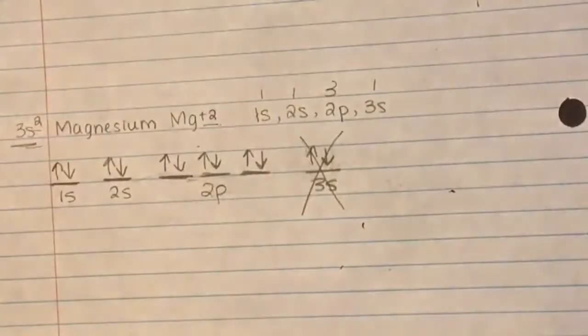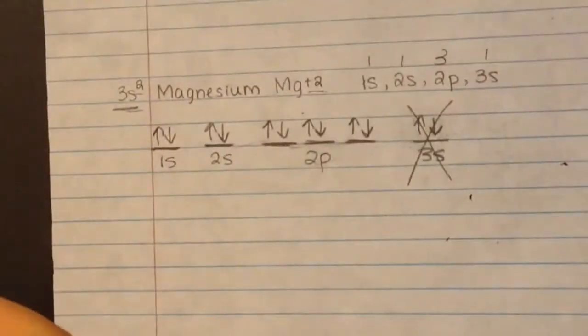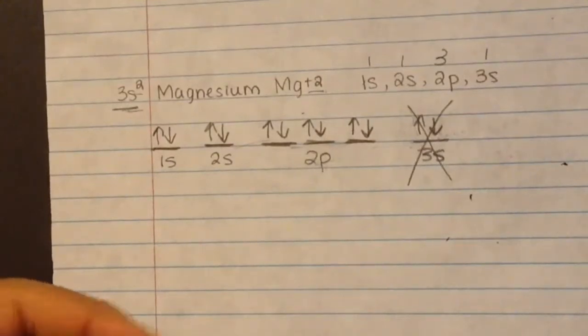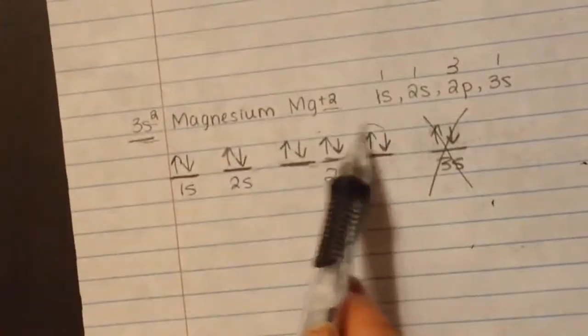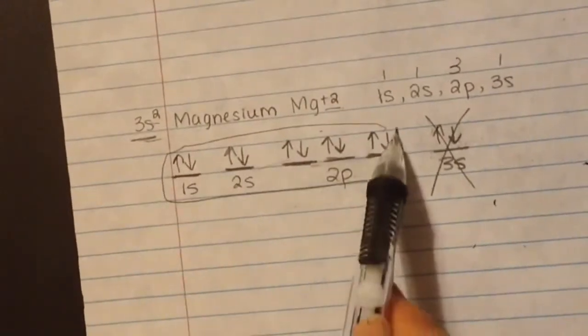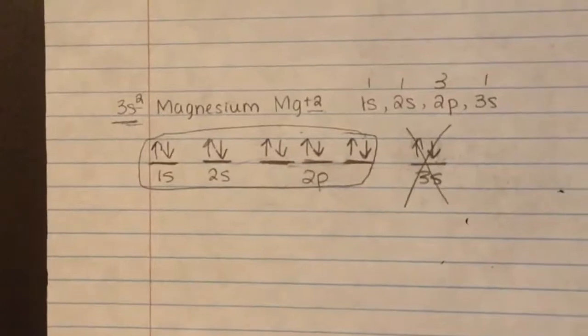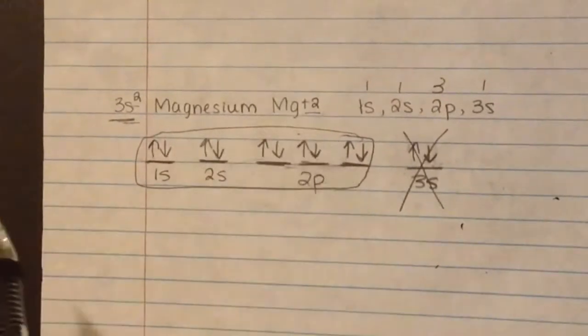And then with fluorine, with a negative number like this, you would add 1 arrow because it's minus 1, which means it's negatively charged. So you would have to add another electron to balance the proton and electron scale. Yeah, so this would be your complete orbital diagram for magnesium plus 2.